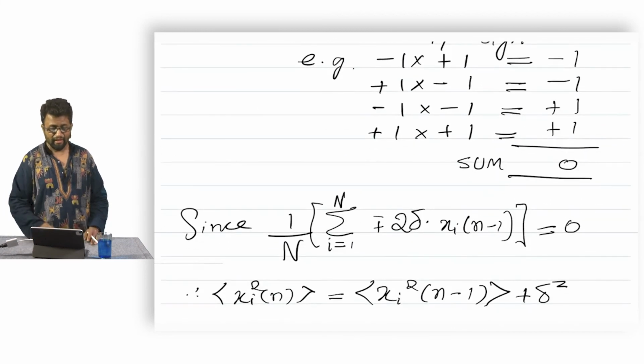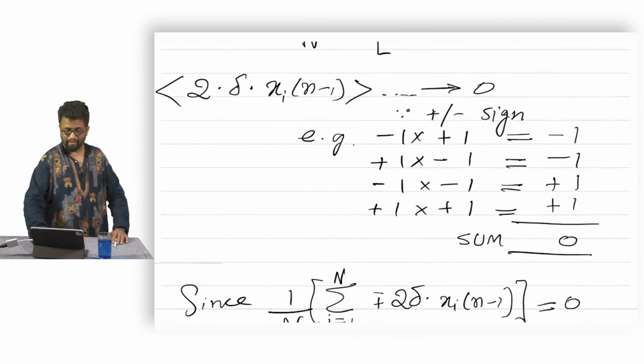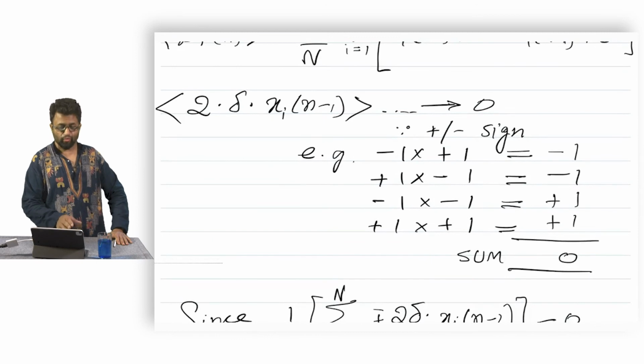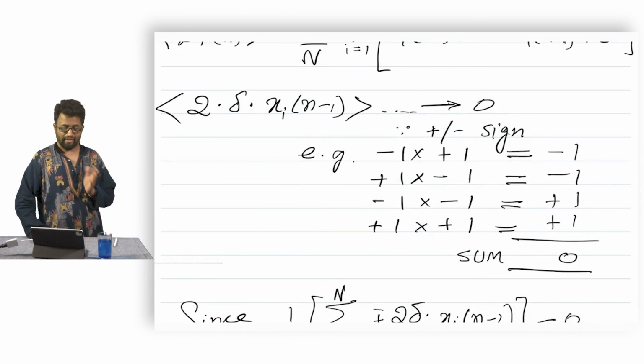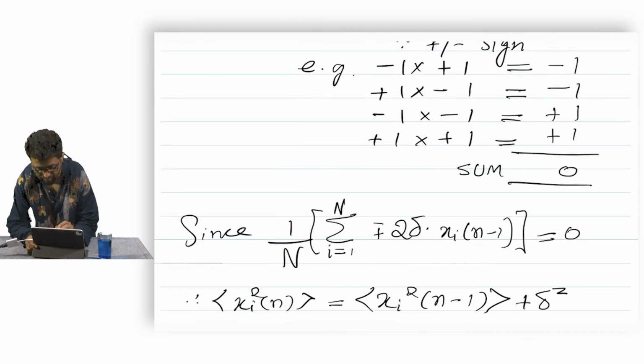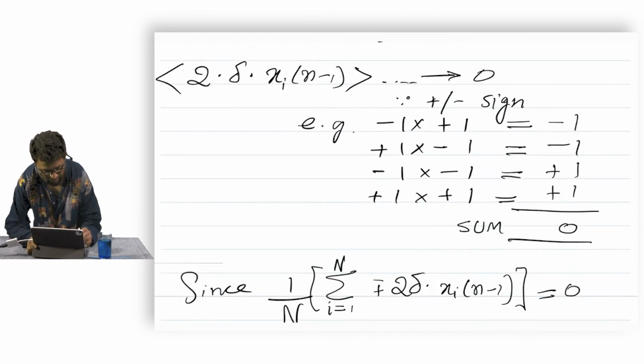Why do I say this? Again the same thing: we are multiplying x_i(n-1), which could be 0 or plus 1, and delta could be minus 1. It could be the other way around. I haven't added the zeros here, which I assume to be obvious. So let's add them here: 0 into 1, 1 into 0, also 0, also 0.